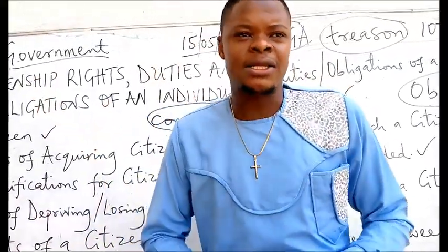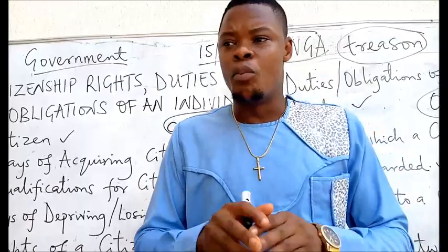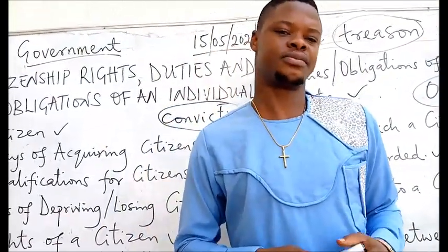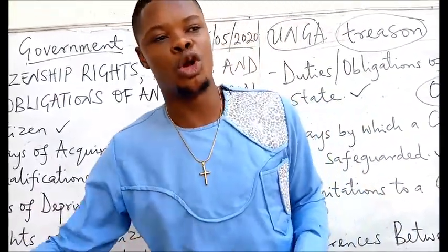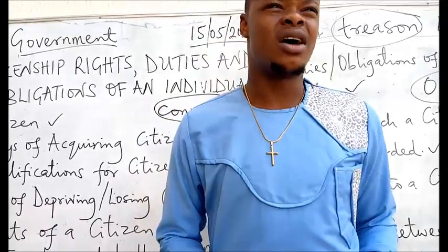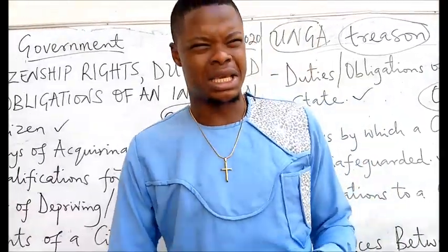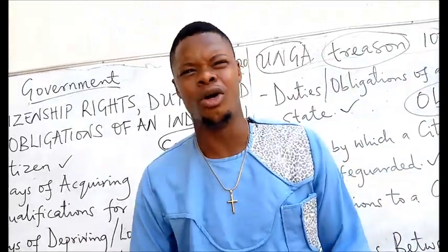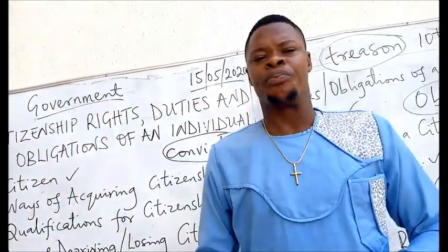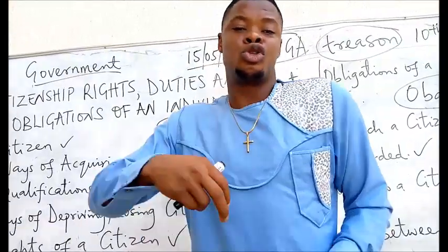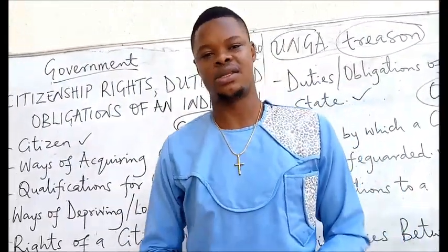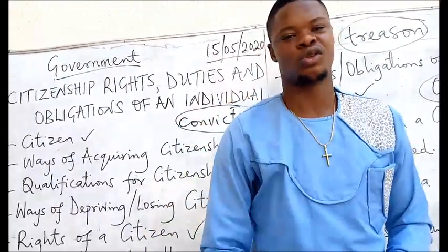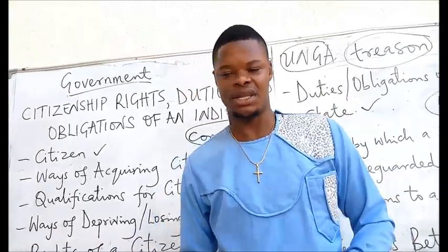Number four is that a citizen must show loyalty to the state. A non-citizen, not that he or she will be causing confusion in the state, no, but somehow he or she need not show loyalty, but a citizen must show loyalty to the state.